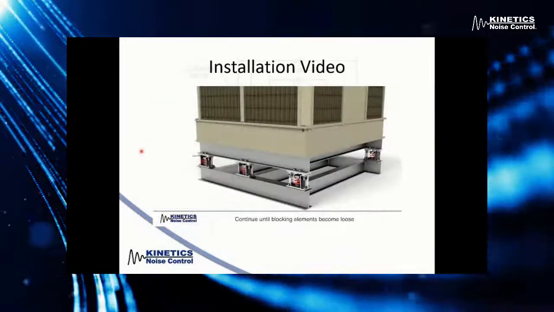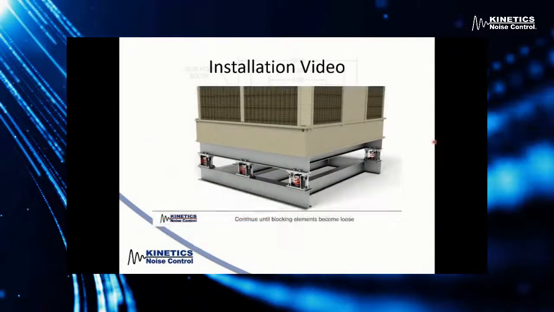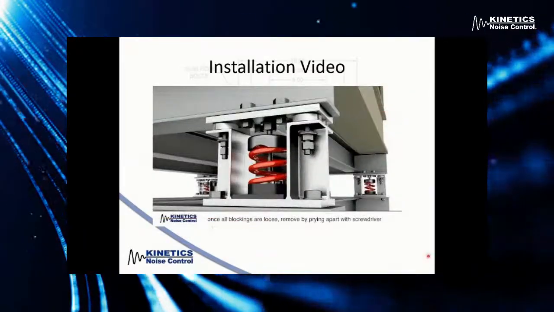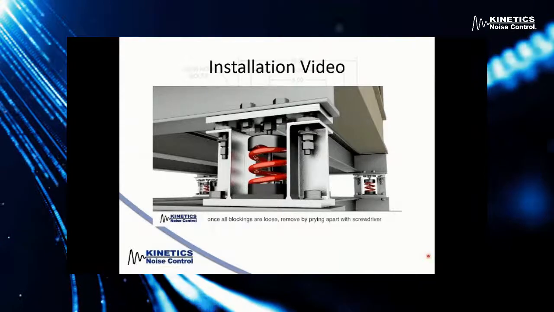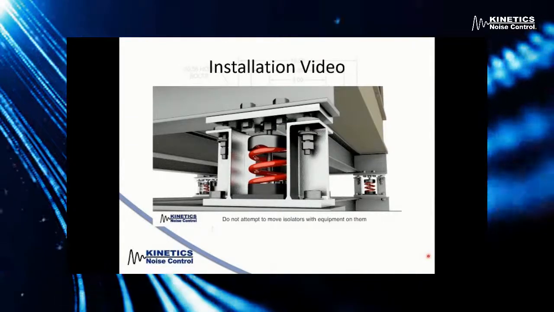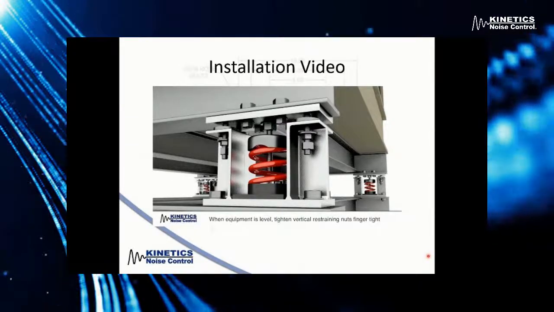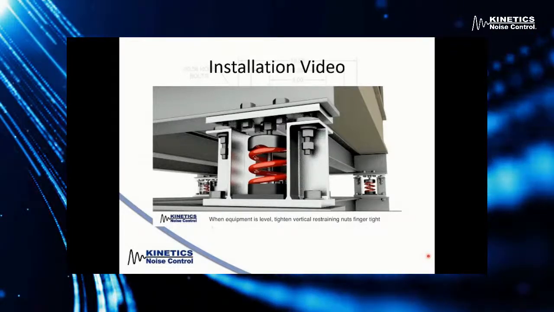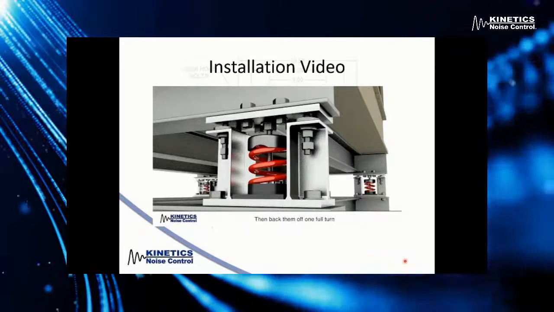Once all of the isolators are floating, in other words, the blocking pucks become loose, you know that the isolator is properly adjusted, and you can now go ahead and tighten up the snubbing element to the 1/4 inch allowed movement for snubbing per code and walk away from that, and it is a properly installed isolator.